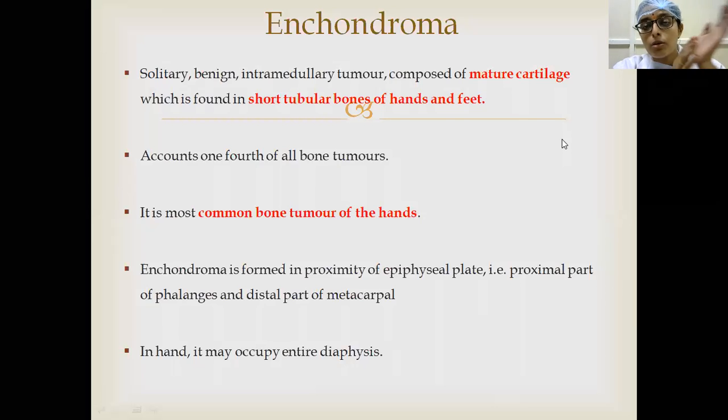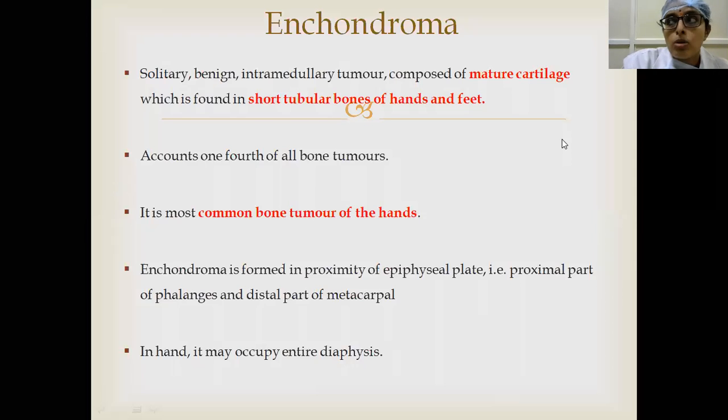Even though it is formed initially in proximity to the epiphyseal plate, gradually as it develops, it sometimes completely occupies the diaphysis. The tumor growth usually starts at an early age, and by the time it is symptomatic or there is a considerable swelling, it will be around the 2nd to 3rd decade.